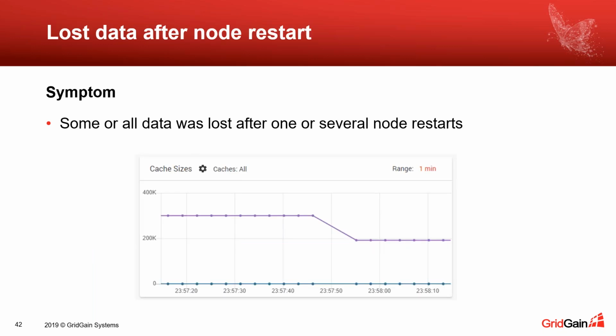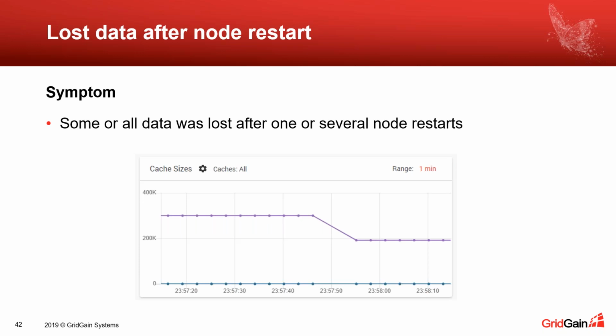The next kind of issue with memory and with storing data is when you see that you have lost some data when you restarted a node. How can you detect that? Well, it's easy.